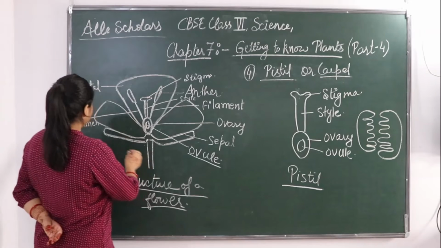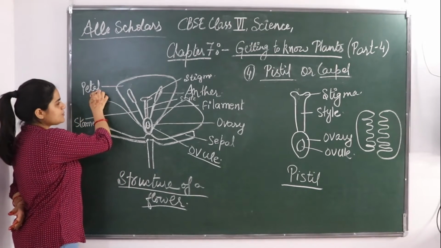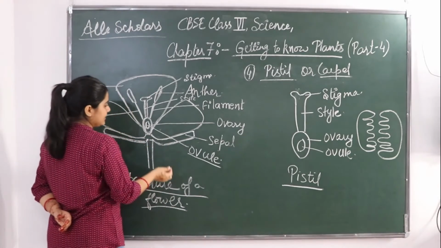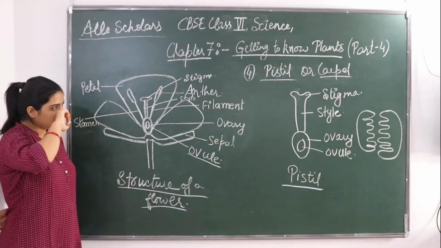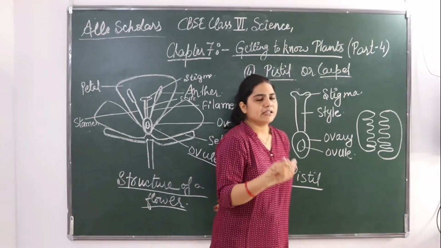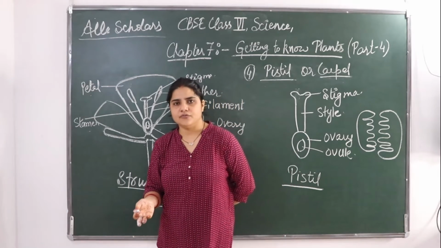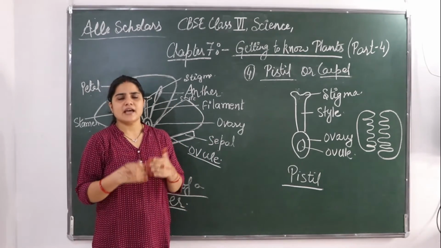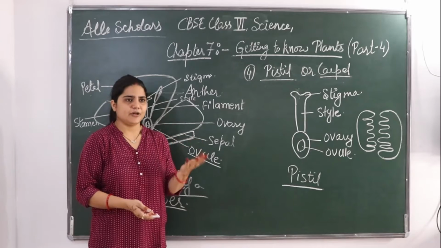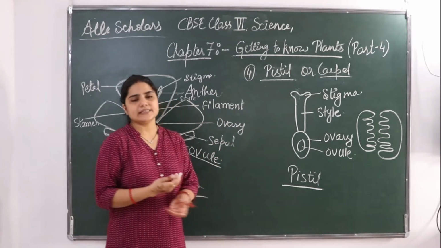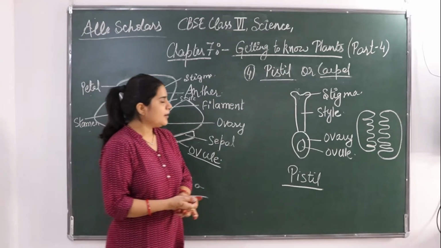Among all these petals, sepals, the stamen and the pistil, maybe some part is missing in some flowers. That depends upon which type of flower it is. Different flowers have different types of sepals, different petals, and it may have all the 4 parts, and sometimes some parts may be missing.